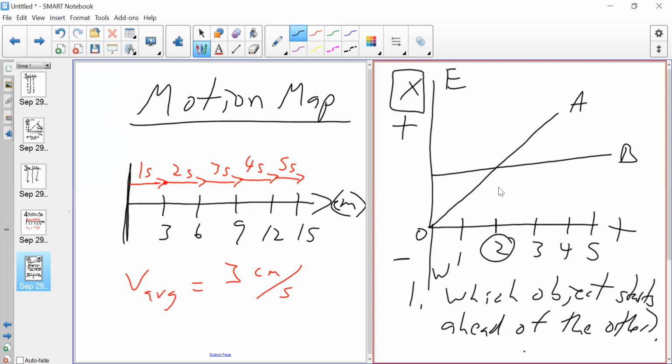Since the slope of A is larger than the slope of B, that means that the velocity of A is greater than the velocity of B. Therefore, object A is moving faster than B. You just look at the slopes. That's all it is. Slopes in arbitrary or abstract algebra, right?